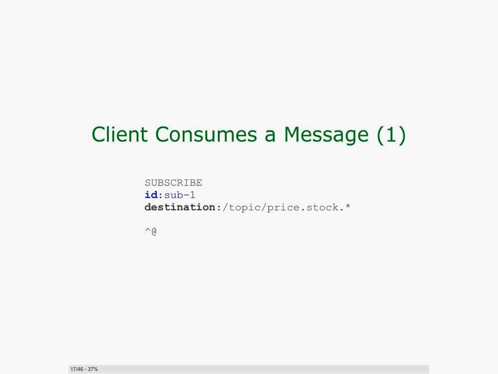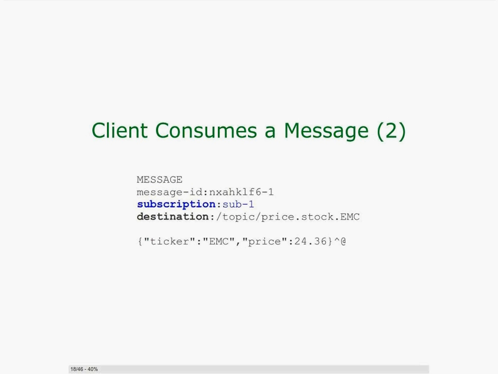Again, the semantics for destinations are going to depend on the server message broker. And very importantly, we have an ID for the subscription so that when the server sends a message back to the client, you can see the subscription ID matches. So that's how the client knows which subscription this is in response to. And that means that the client can organize its processing around the various subscriptions. That's a very nice capability to have.